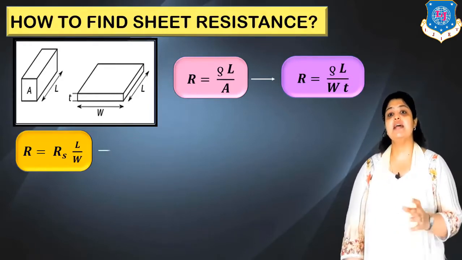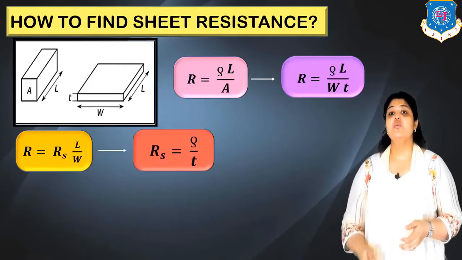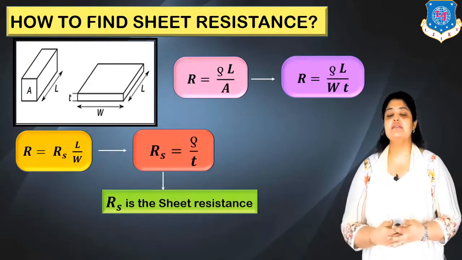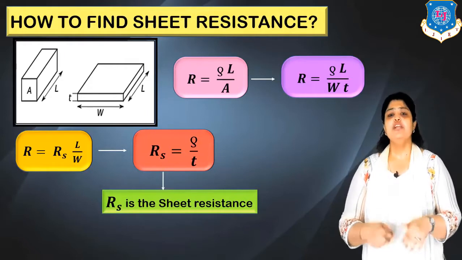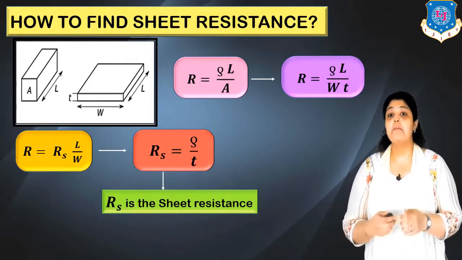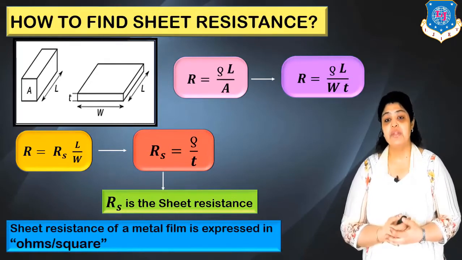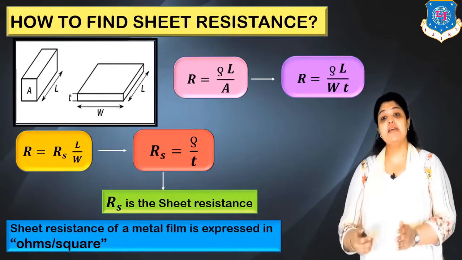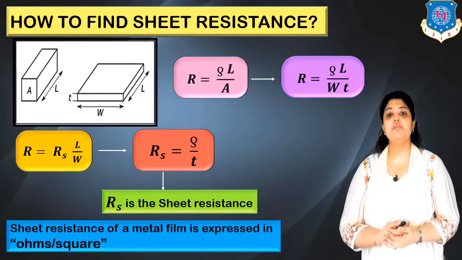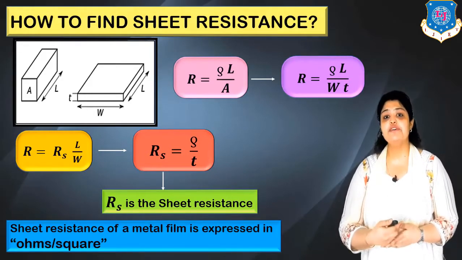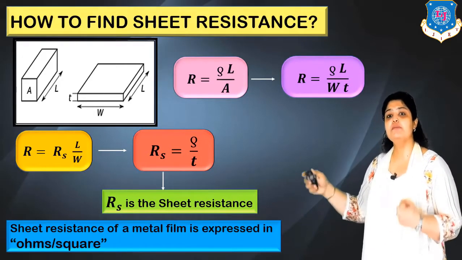And this gives us RS is equal to rho by T, where RS is known as the sheet resistance of the sample. We know the unit of resistance is ohm, but the unit of sheet resistance is denoted as ohm per square. It is because we use this property to measure resistance of thin films that we denote it by ohms per square.